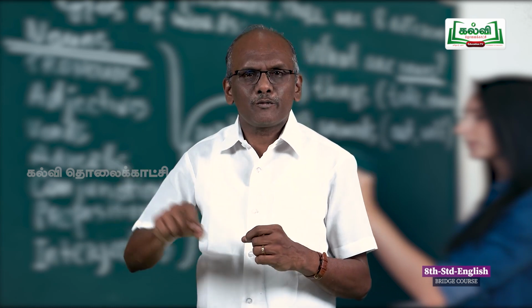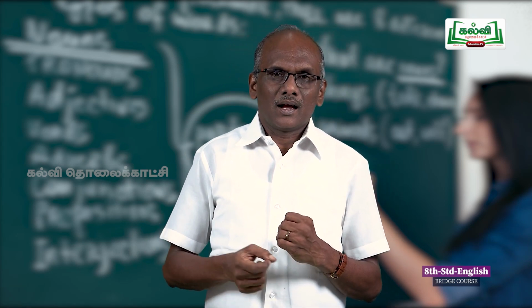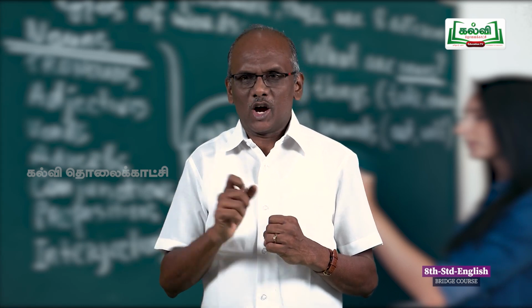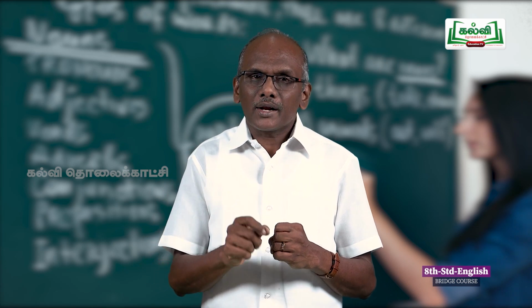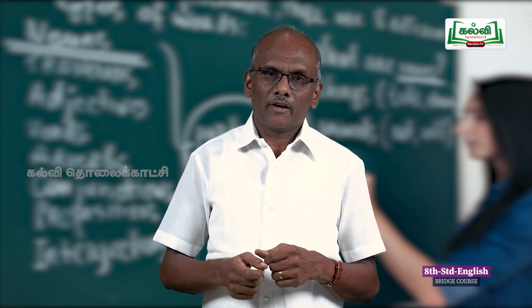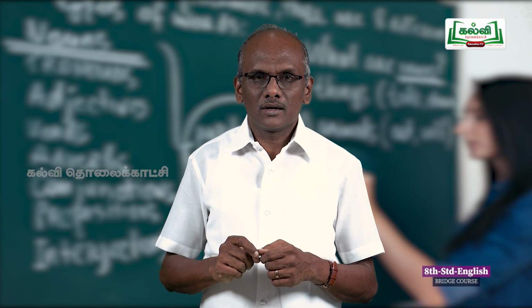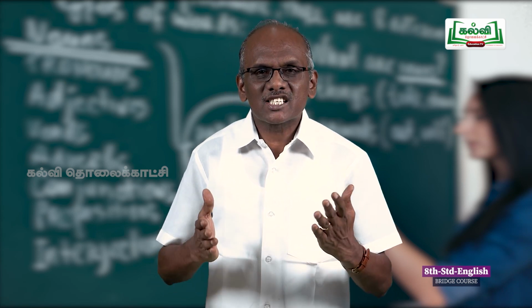The contracted form is isn't. Next, was plus not. Wasn't. Are plus not. Aren't. Were plus not. Weren't. What about am? Am plus not.